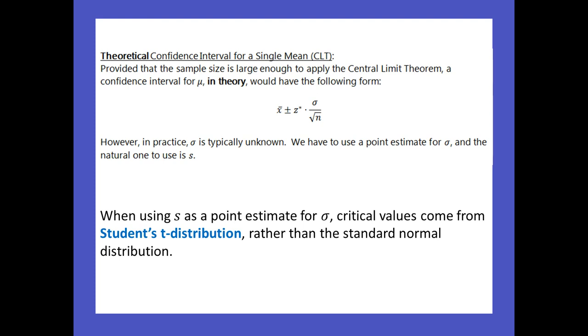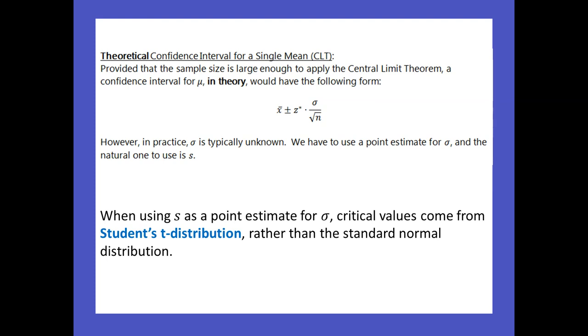Because when you use s instead of sigma in the formula, that's going to introduce a decent amount of additional variability. So there has to be another adjustment there to account for that variability, and that's to change the critical value. So we're going to need something a little bit bigger, and in order to do that, we're going to have to use a distribution that has thicker tails. And the distribution that will work for this is something called student's t-distribution.